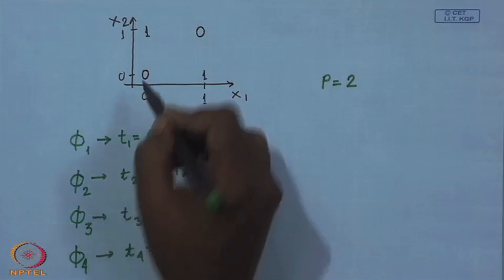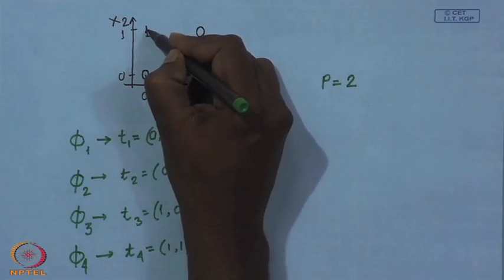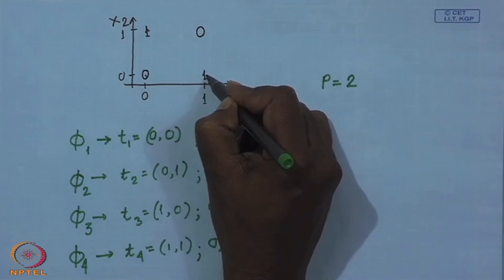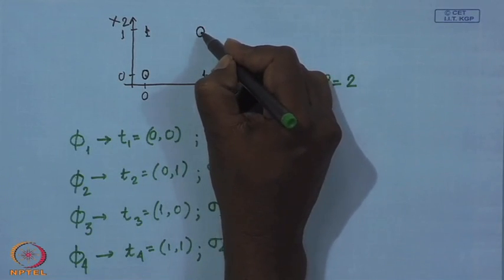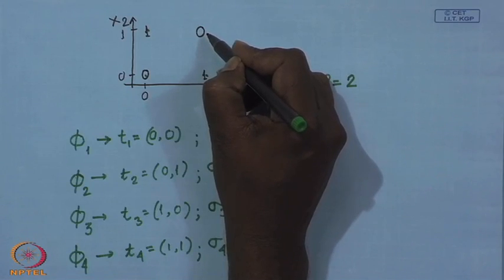2 of the neighbors are at a distance of 1, and one of the neighbors is at a distance of 1.4, that is square root of 2. That is easily verifiable from here. I have a receptor over here which is T 1, T 2 is at a distance 1, T 3 is at a distance 1, but T 4 is at a distance of square root of 2, which is 1.414.